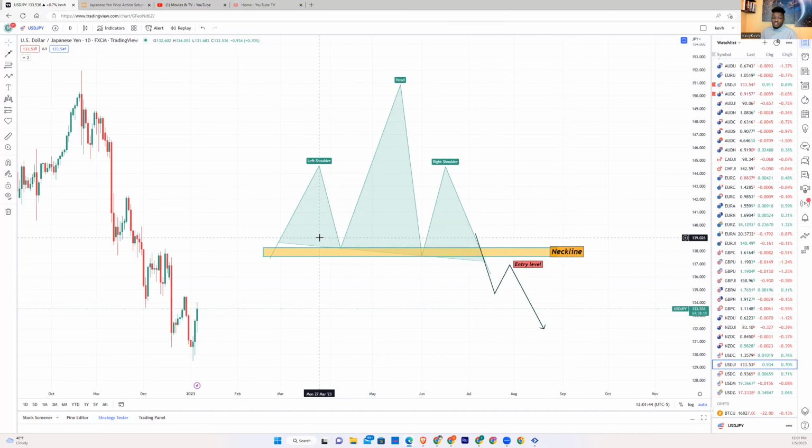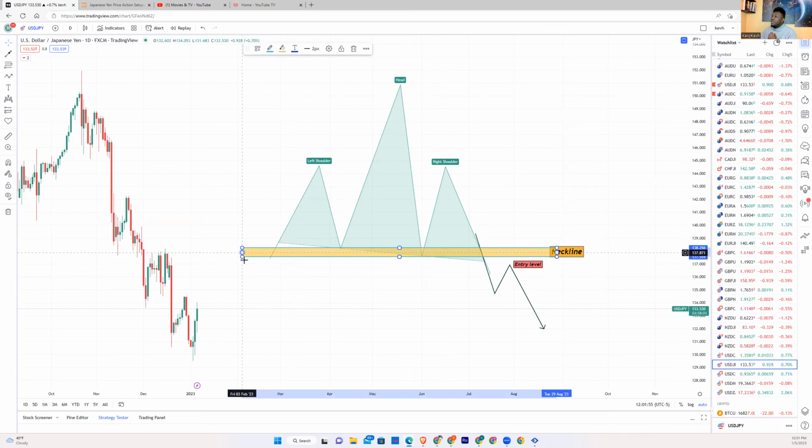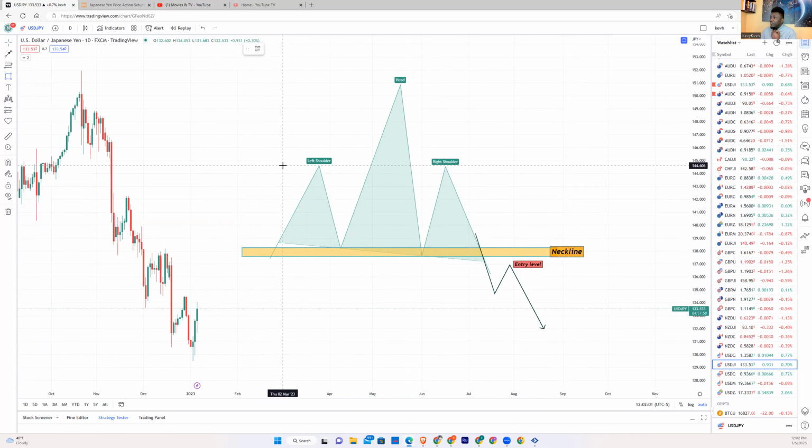The other way that you can take advantage of this pattern is by using support and resistance. Now, what do I mean by that? Right here, in this particular area, you can see the market was rejected.